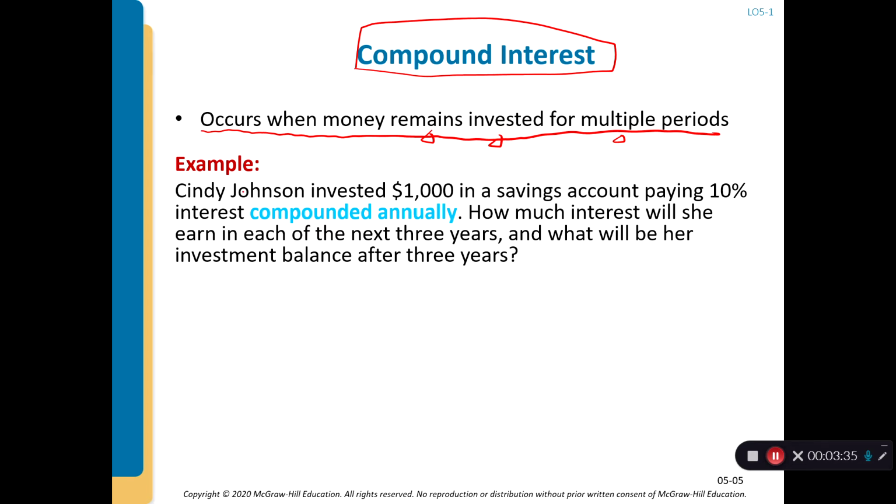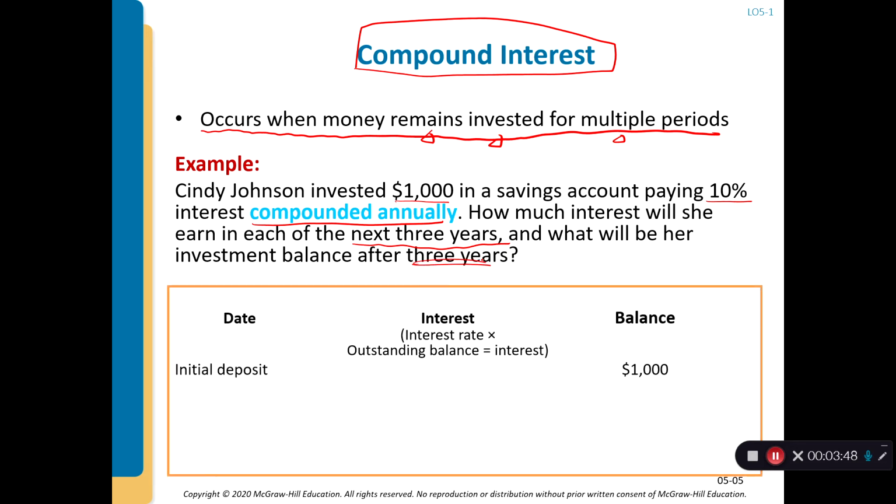So let's see this example. Cindy invests $1,000 in a savings account paying a 10% interest rate compounding annually. How much interest will she earn in each of the next 3 years, and what will her investment balance be after 3 years? The initial deposit is $1,000. At the end of the first year, 10% multiplied by $1,000 earns $100 interest, so the balance is $1,100.